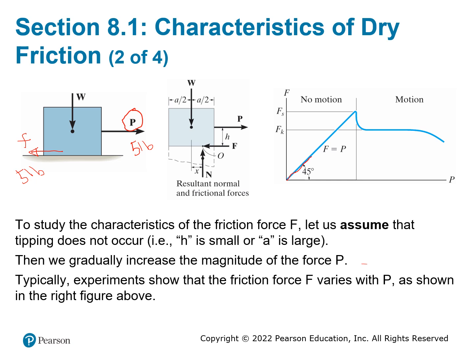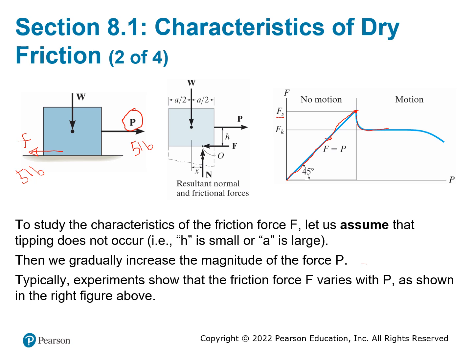So you keep on increasing the pulling force, and when you increase it to a certain amount, you start to see the block move. That highest point is what we call the maximum static friction force. When the object starts to move, you are still experiencing friction force, but it is going to decrease.